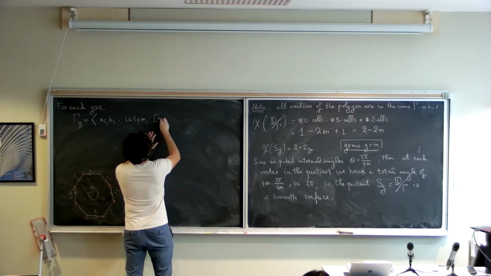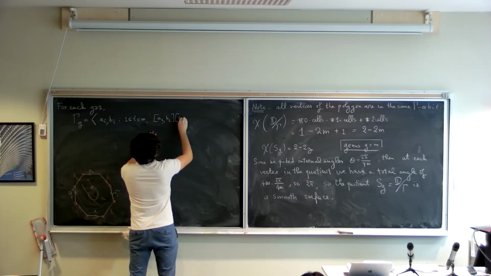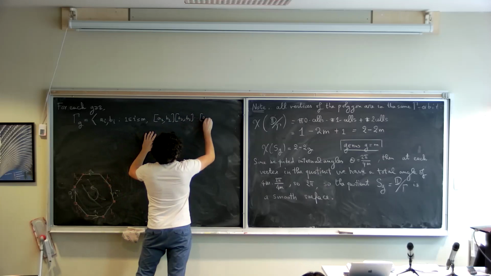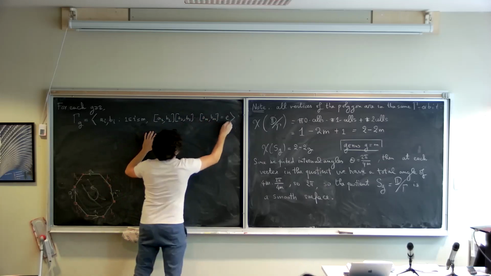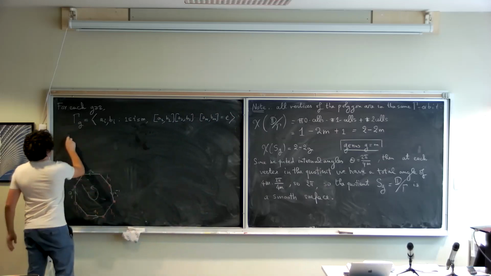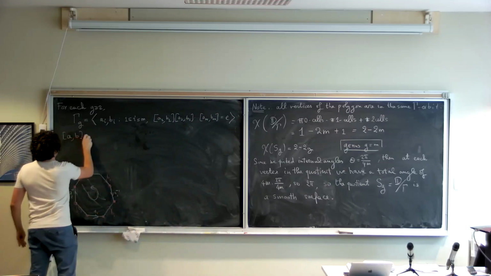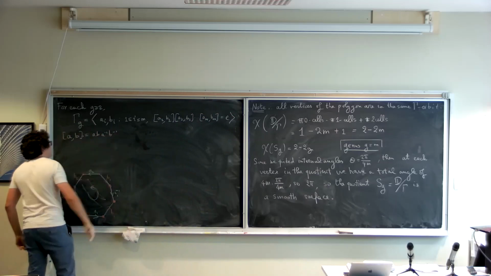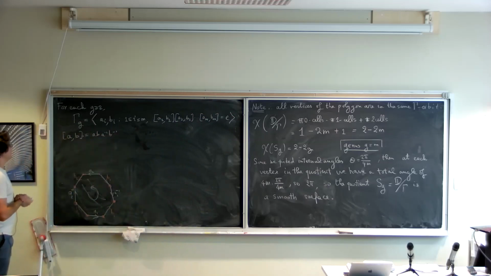Usually it's written like this: the product of the commutators is 1, the identity. Recall the notation for the commutator is a b a inverse b inverse. So this is a nice surface group.